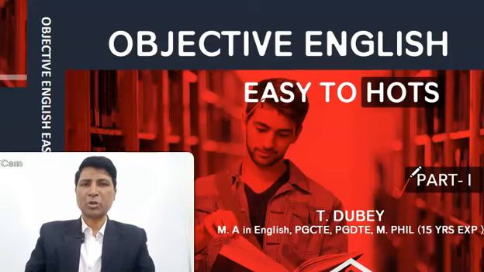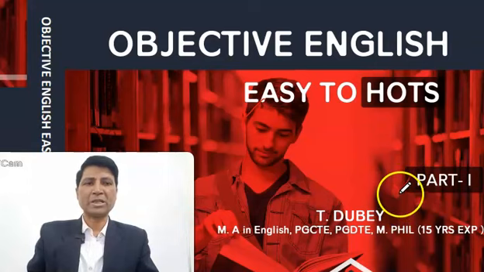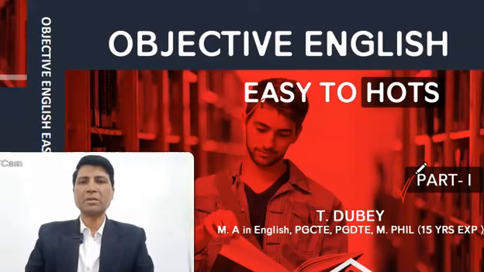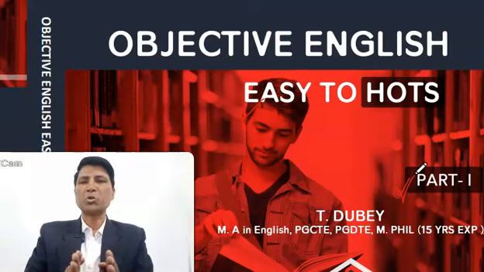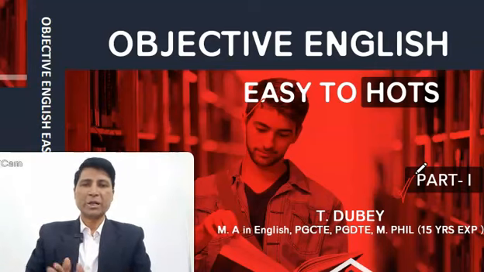This is my 8th lecture on Objective English Easy to Hearts part 1. In the last class, I was discussing the concept part of question tag, and in this class I will be showing you how to apply surefire shortcut trick number 3 that was discussed in the previous class.